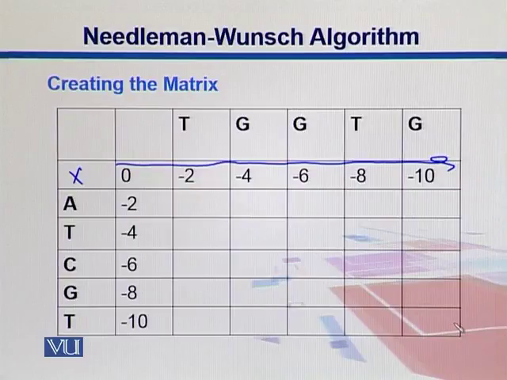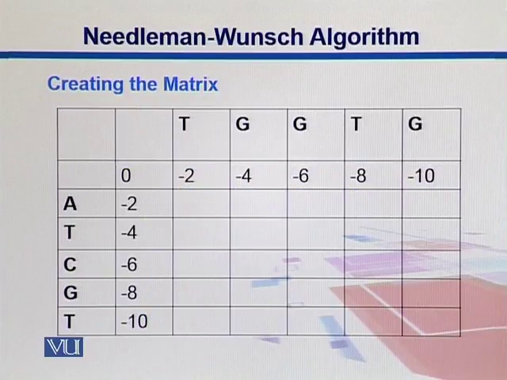In this way, we keep on adding that gap penalty. And since the score is cumulative from the previous score, we come up with -2, then -4, -6, -8, -10. In the same way we move to the bottom where we take our first column. We are not changing the column, we are changing the rows, and similarly we can have the penalties like this. So our matrix is created.